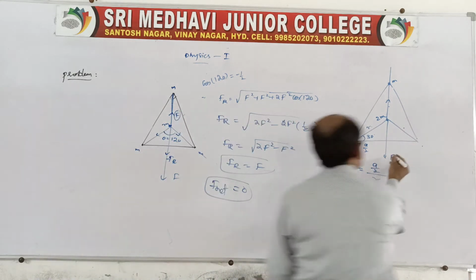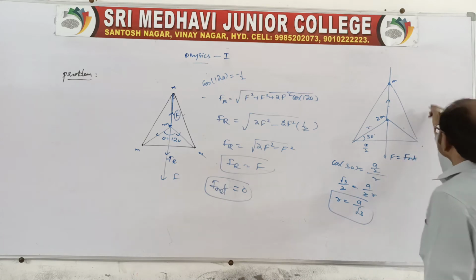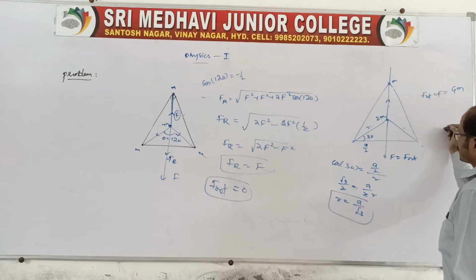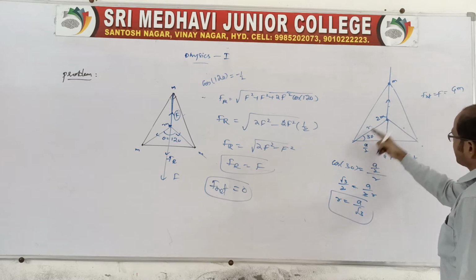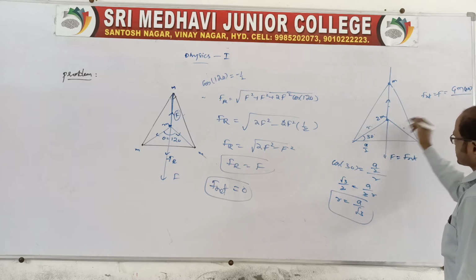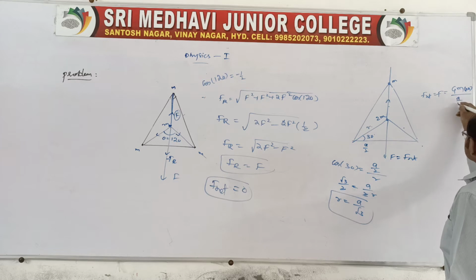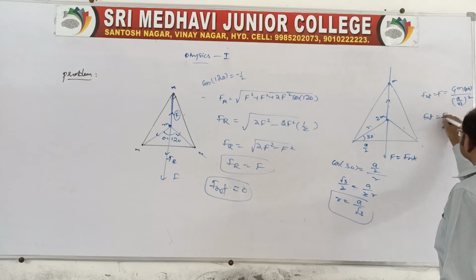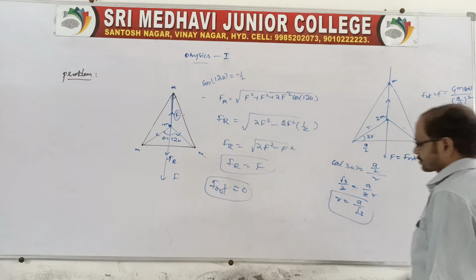Therefore this resultant is F net. F is equal to G M m, so between these two, 2m into m, over distance square, that is a by root 3 whole square. So F net is equal to 2G capital M small m, that is m square by a square into 6.